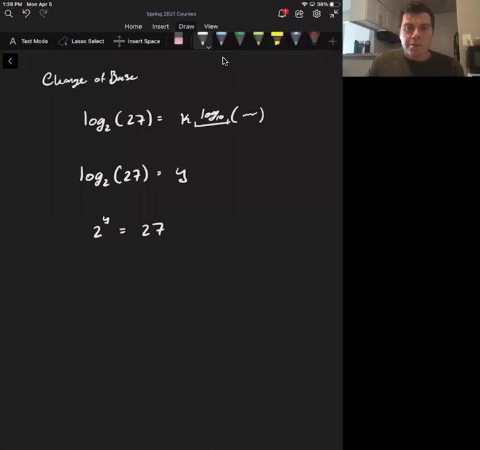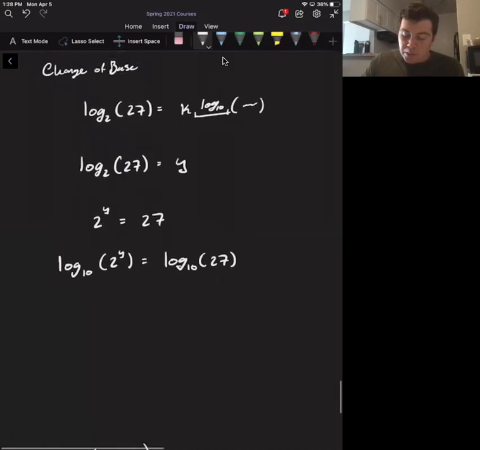And now what we're going to do is we want a log 10, so we're just going to take the log 10 of both sides. So we get log 10 of 2 to the y equals log 10 of 27. Okay, good. So we have some log 10s there. We're going to apply our exponent rule.